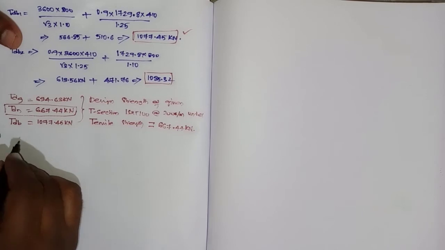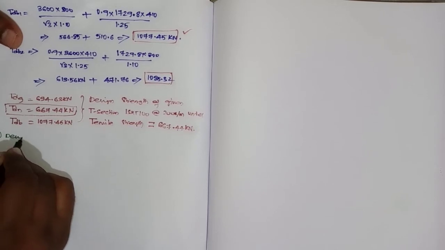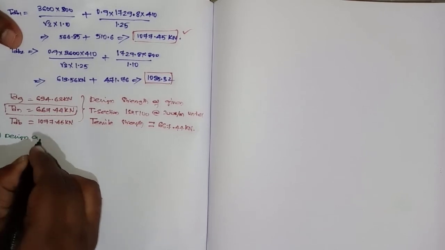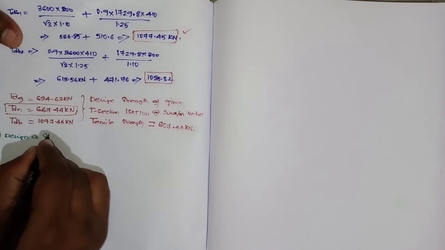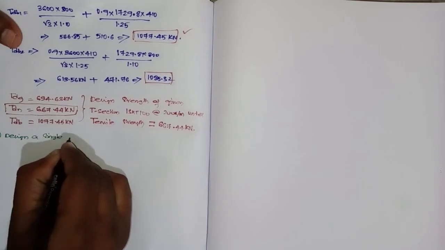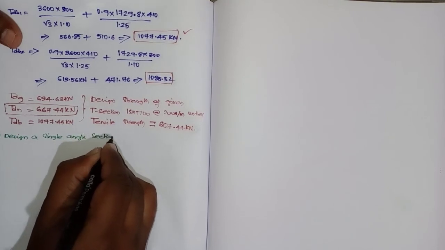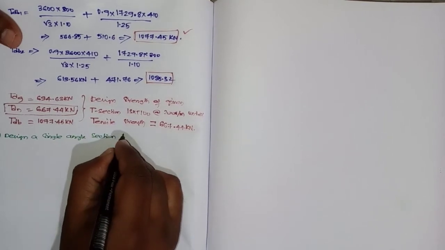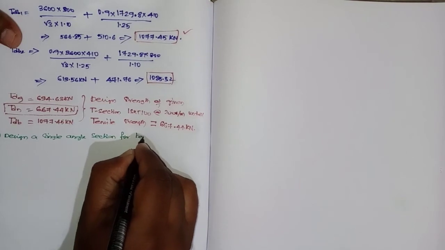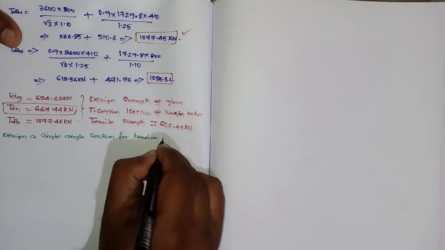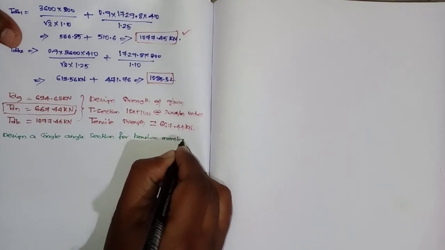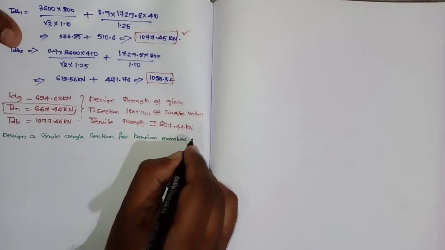So we'll try to solve. Design a single angle section for a tension member of a roof truss.